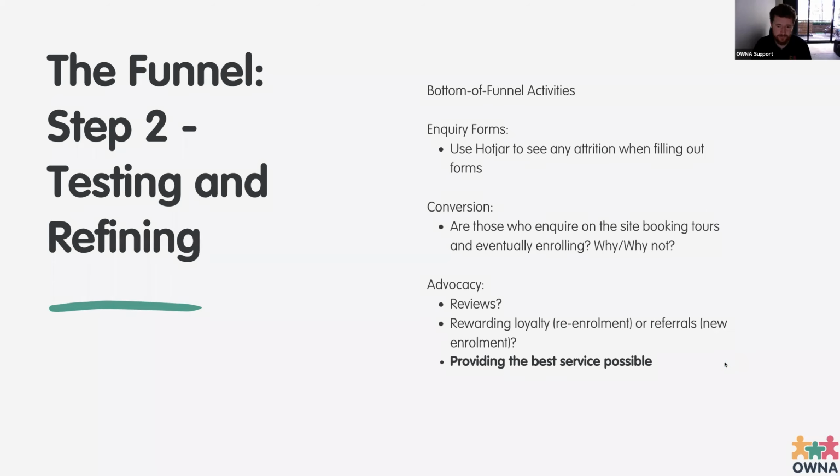And then the advocacy stuff. This is obviously you guys providing the best service possible. I don't have a right to tell you what to do. You know your families, you know your service, so you just do your thing. But there's a couple of things you can do, like emailing out and saying, can you give us a review on Google? There are certain loyalty rewards for re-enrolment, in terms of discounts, or possibly, like we said with the brands and influencers before, a re-enrol will give you a $50 gift card to Kohl's or something like that to do your shopping.